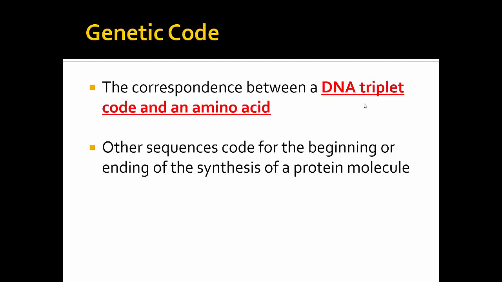Every DNA triplet relates to one amino acid. And when we do translation, you'll get to see how the amino acids line up based on what the DNA triplet code is. So one DNA triplet to every amino acid. That is called the genetic code, and it's how your genes make proteins. Other sequences in the DNA code for the beginning or the ending of the synthesis of the protein molecule.